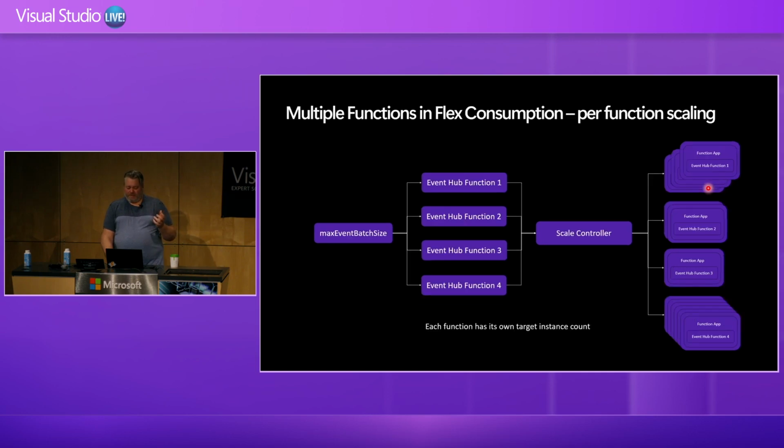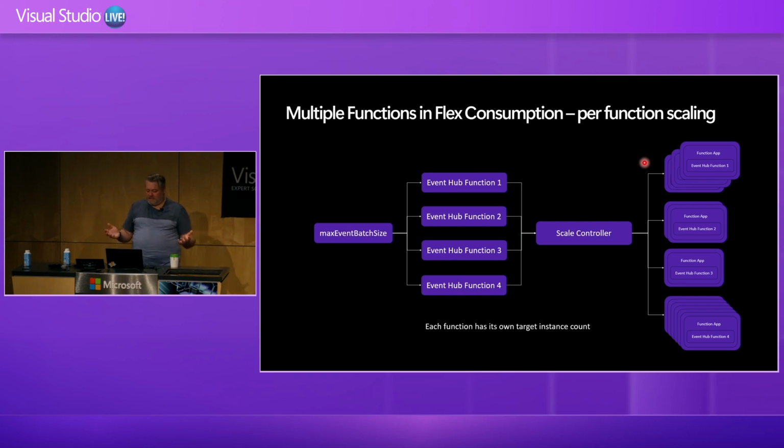And for flex consumption, what we did is we created this notion of per function scaling. All of your HTTP triggered functions in flex consumption will still scale together and get given HTTP calls for all those functions, and blob and durable functions. But anything else, it kind of scales on its own for your function app. So you don't have to change your programming model. You can still keep all those functions inside the same function app in your code, say an HTTP triggered, an event hub, and a service bus one.